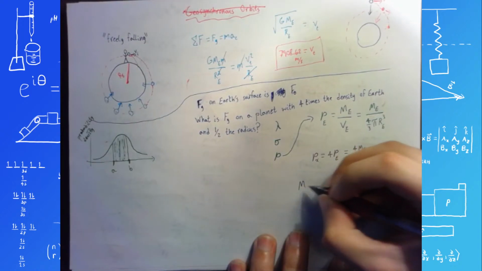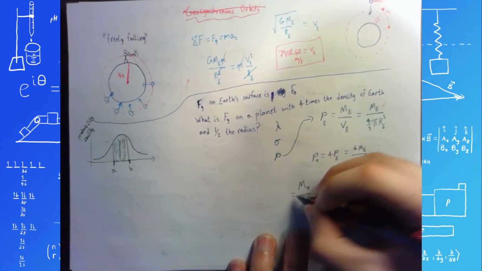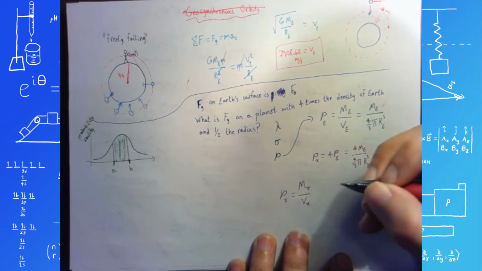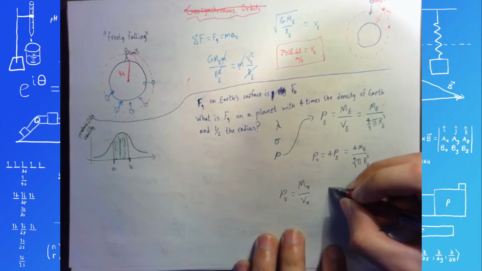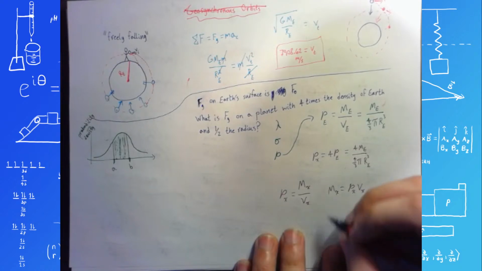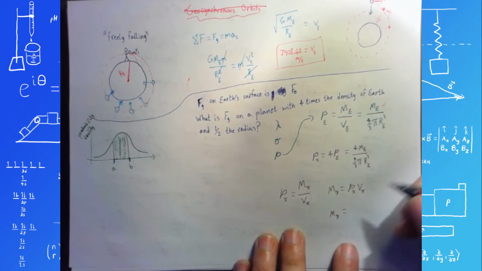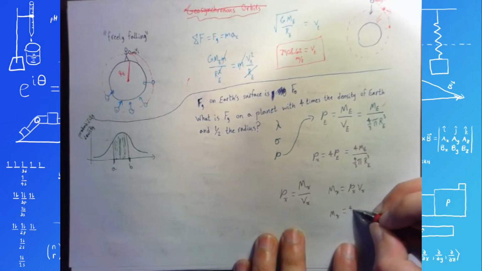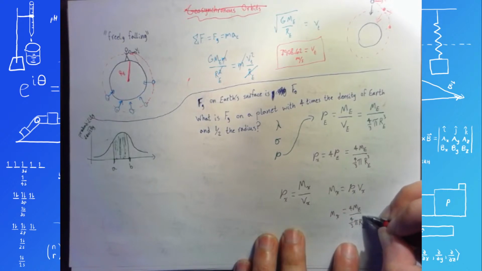So mass of planet X over volume of planet X is equal to density of planet X. So multiply by volume to solve for mass. Mass of planet X equals density of planet X times volume of planet X. Mass of planet X equals 4 mass Earth over 4/3 pi radius of Earth cubed, right?